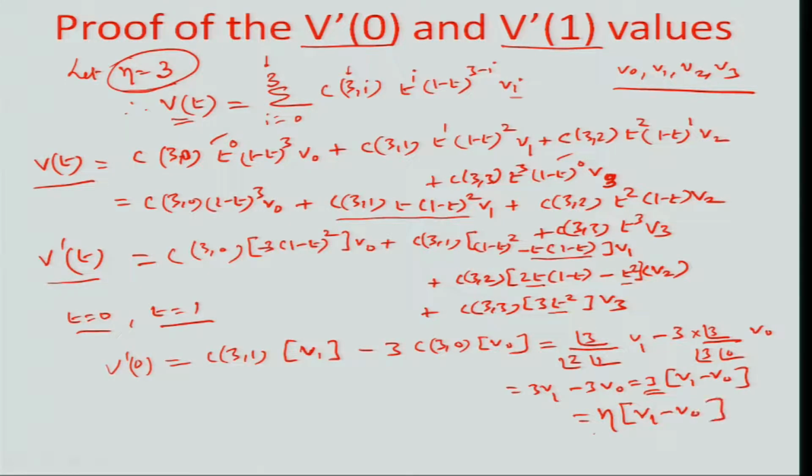So, you can have n times of (v1 minus v0) defining the v dash 0 in one instance, and in a similar manner we can define the other expression.